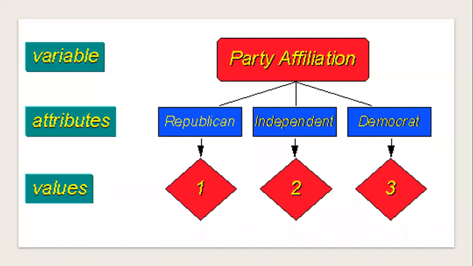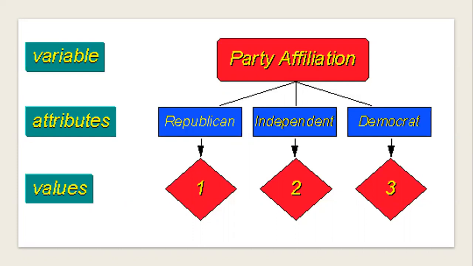So here's an example for the variable party affiliation. There are several attributes that are associated with this variable, which include Republican, Independent, and Democrat. And as you can see, these attributes include names of things.